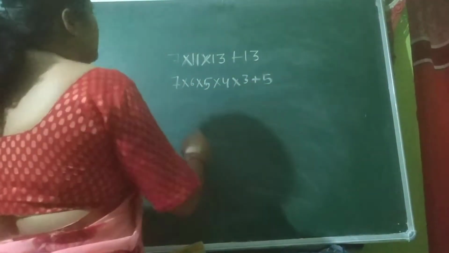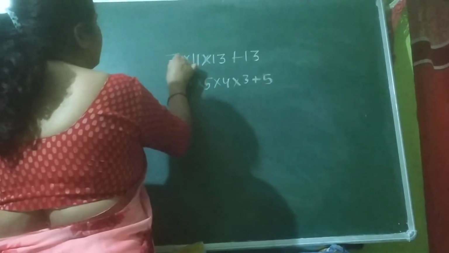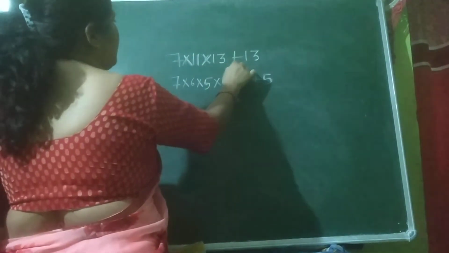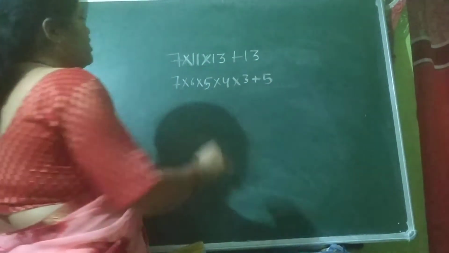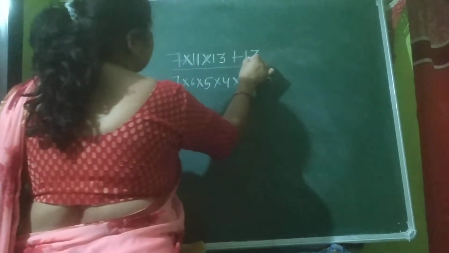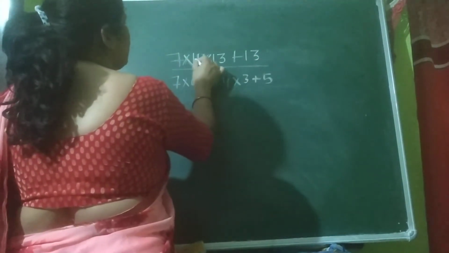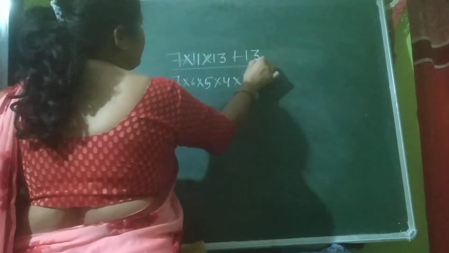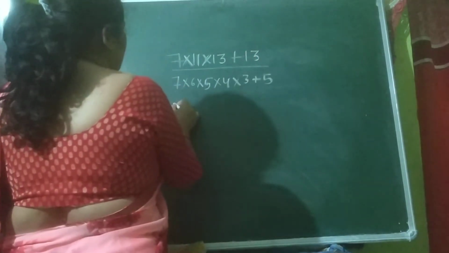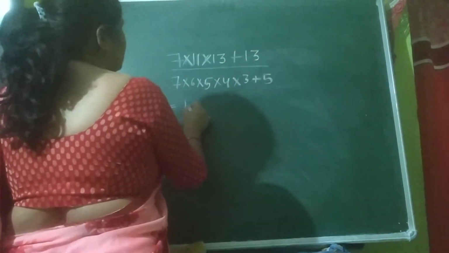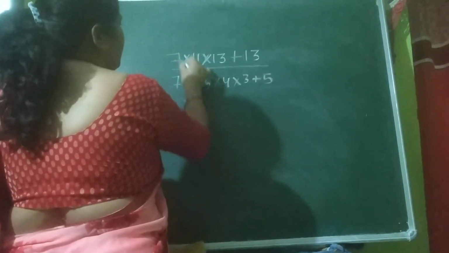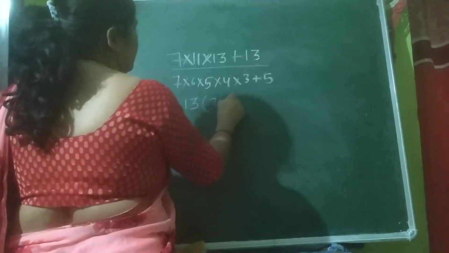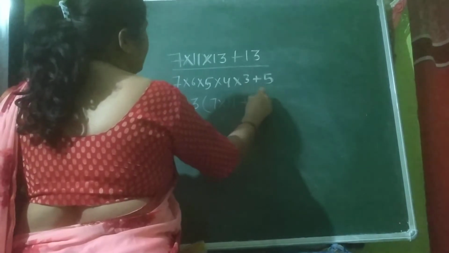See the first one, 7 into 11 into 13 plus 13. See it clearly. There are two terms: 7 into 11 into 13, and the second term is 13. So we will take 13 as common. What will remain? 7 into 11 plus 1.